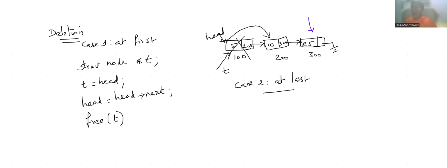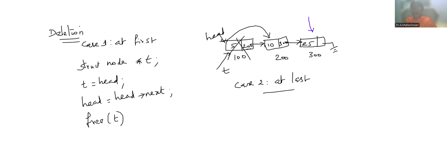For that, I need 2 pointers. Okay, using a single pointer, it's not possible to change the previous node's next value to null. I'm going to maintain 2 pointers. Okay. So how can we do that?